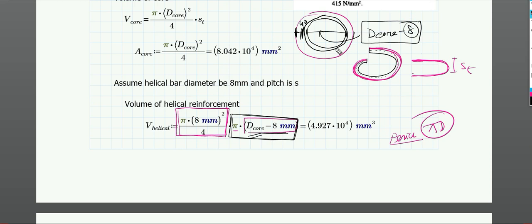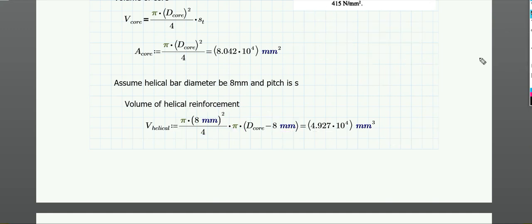It is the diameter of the spiral. So pi into (d core minus d) gives you the actual perimeter of the spiral, into the cross section area of the spiral, and this will give you the volume of the helix within one turn or one pitch.